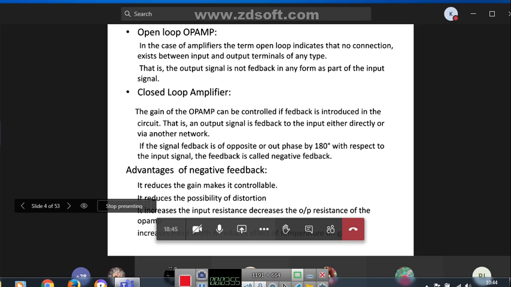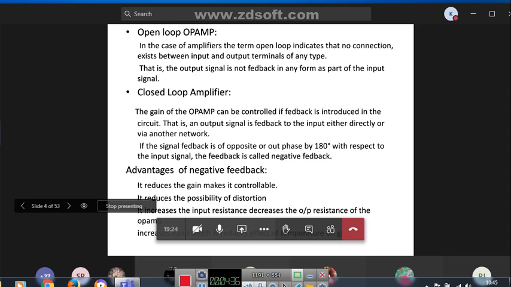Okay. So see the difference between open loop and closed loop. In the open loop, there is no connection from output side to input side, right? So the input does not know what is happening in the output side. But in the closed loop, the part of output signal is applied to input side.